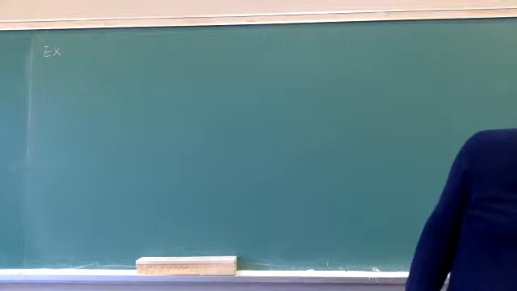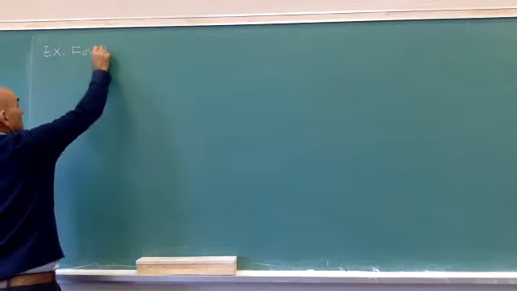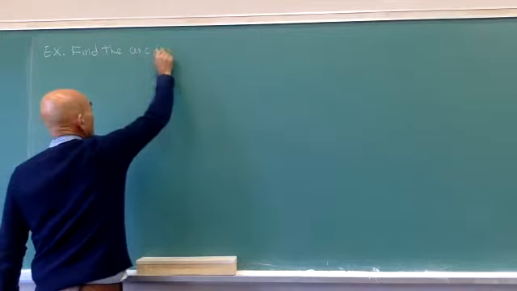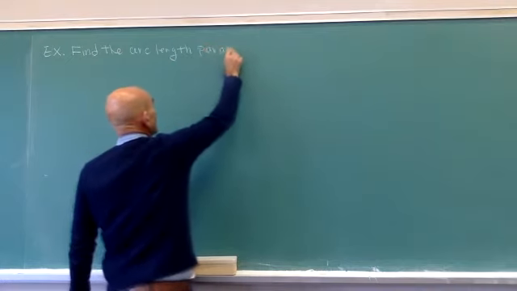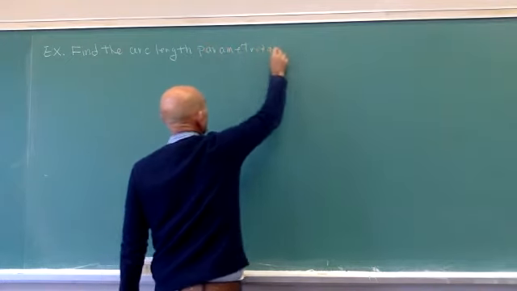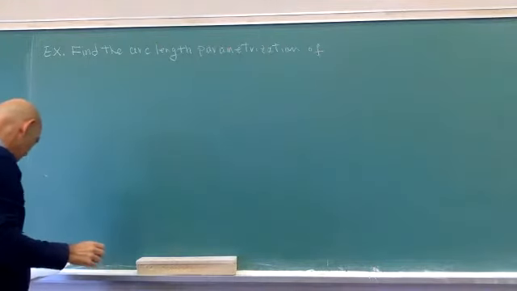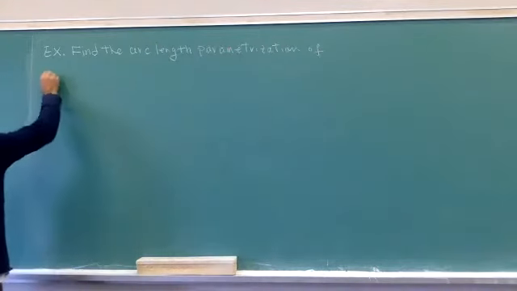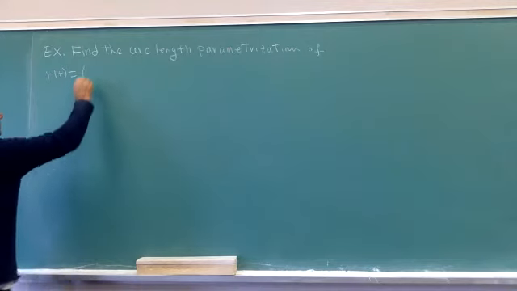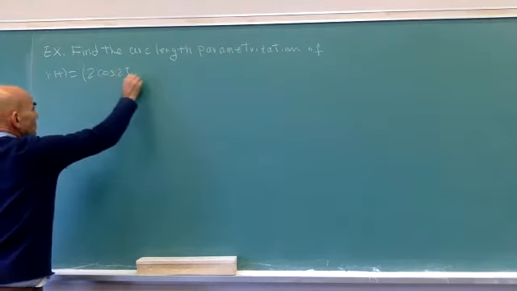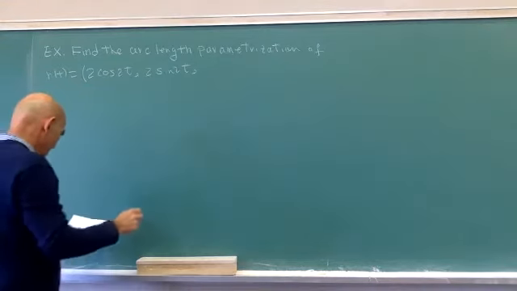The question was, find the arc length parameterization of this curve R of t equal to 2 cosine of 2t, 2 sine of 2t, and t.